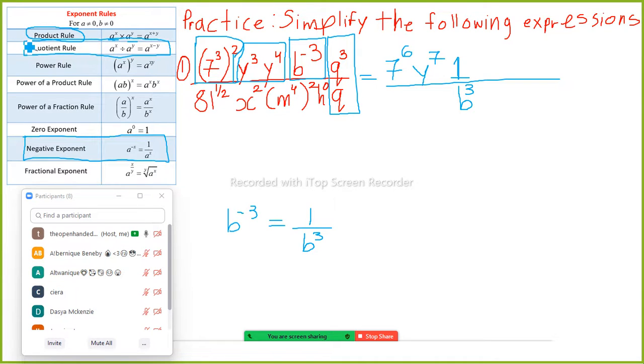So these are the same base, but I am subtracting them. This is to the power of 1. If I don't put the number, it's to the power of 1. So that means I have q to the 3rd power divided by q to the power of 1. And so what would my answer be based on the quotient rule?